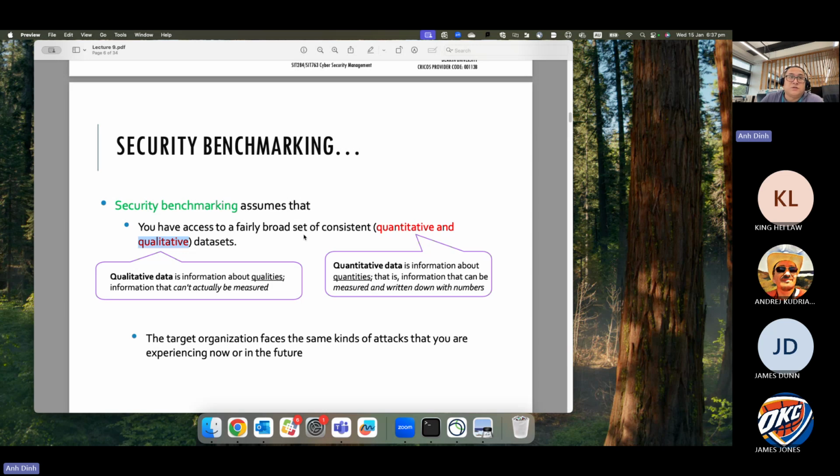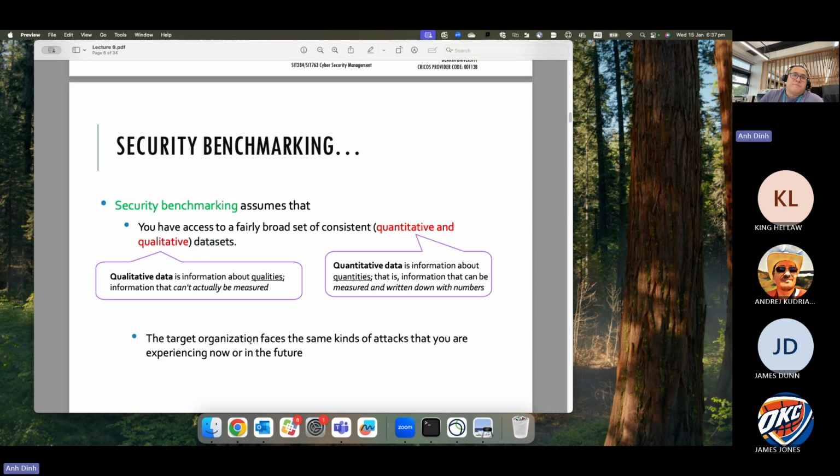And there are two things in benchmarking. You need the data set and you need a good data set, right? So the data set must be consistent. It must represent the true nature of the company that you are comparing with, because if the data set is random, then it's not meaningful comparing against random data.